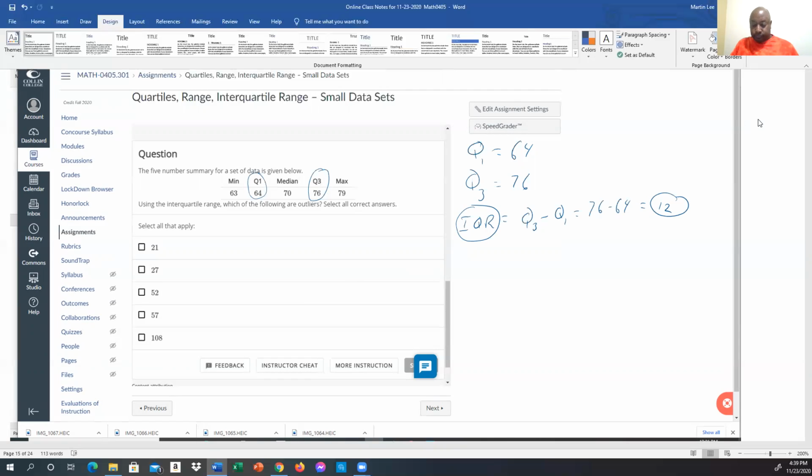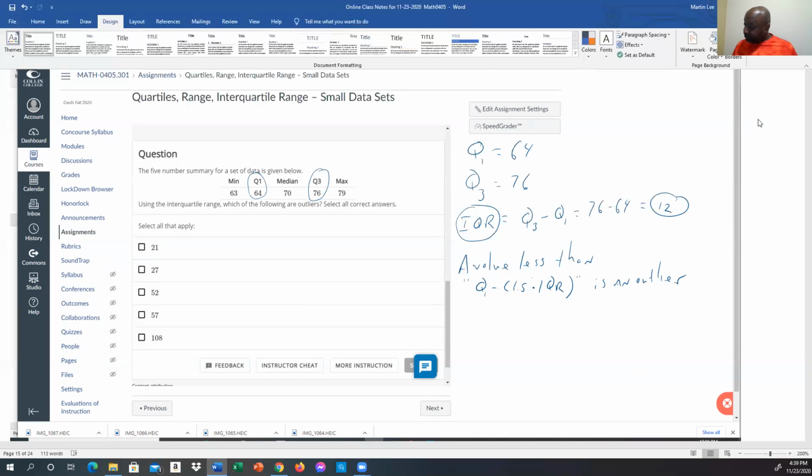So a value, just like in the last problem, less than this expression, Q1 minus 1.5 times IQR, is an outlier.